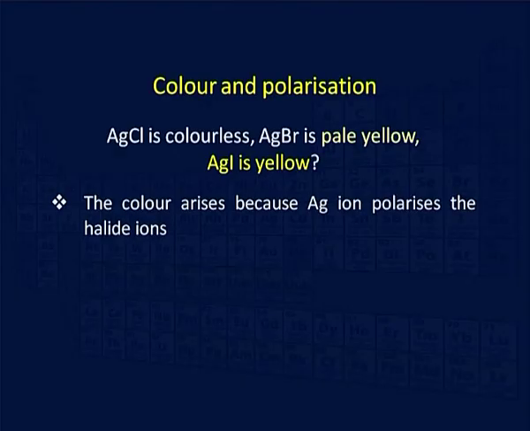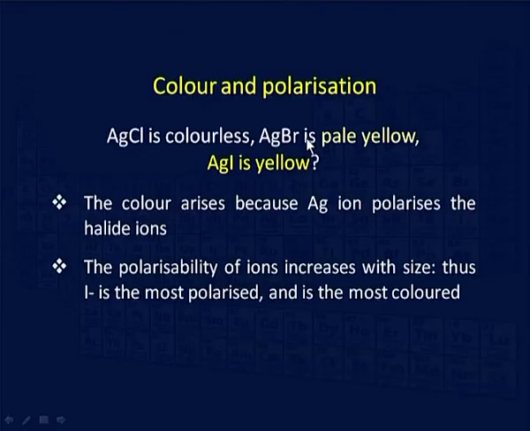So, other than d-d transition, there may be another factor which plays an important role as far as the color of the transition metal ion is concerned, and that factor is polarization. In this, Ag polarizes the halide ion, that is chloro, bromo or iodo.